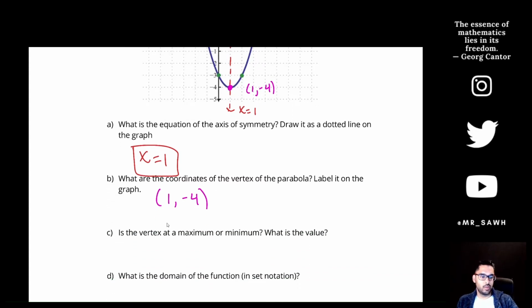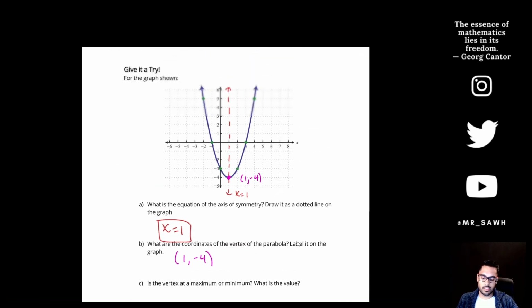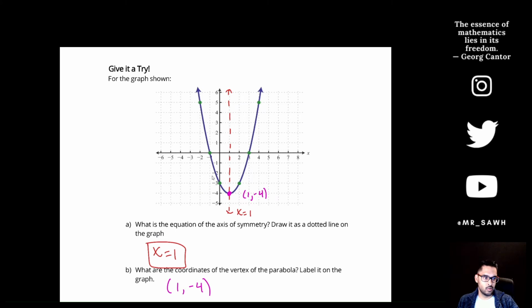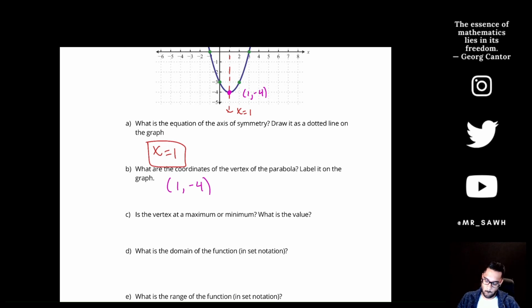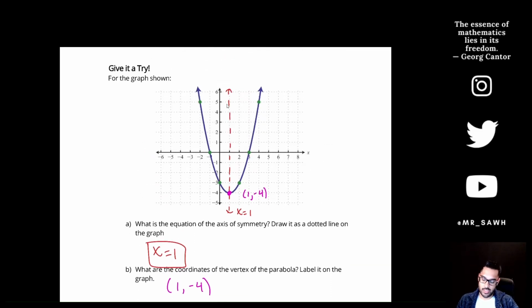And we can also talk about that vertex as being a maximum or a minimum and what its value is. So if this is the graph, again, that is the lowest point on that graph. There's nothing underneath here. There's nothing smaller than it. So I know that is a minimum. Now, when it talks about the value, well, this is a function, right? So essentially, this is the graph of y is equal to f of x, right?